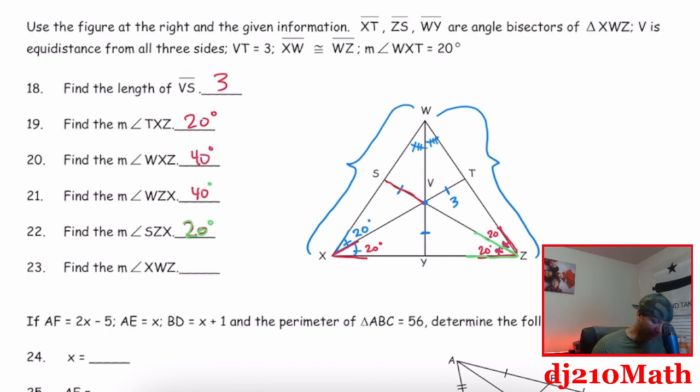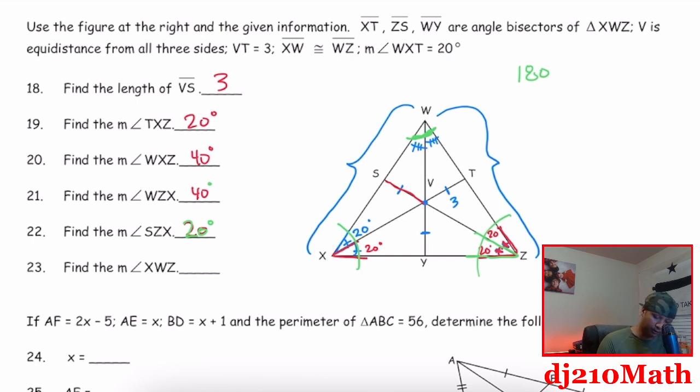And then XWZ. Okay, so that's the whole angle up here. If this is 40 and this is 40, we need 180 in one triangle.